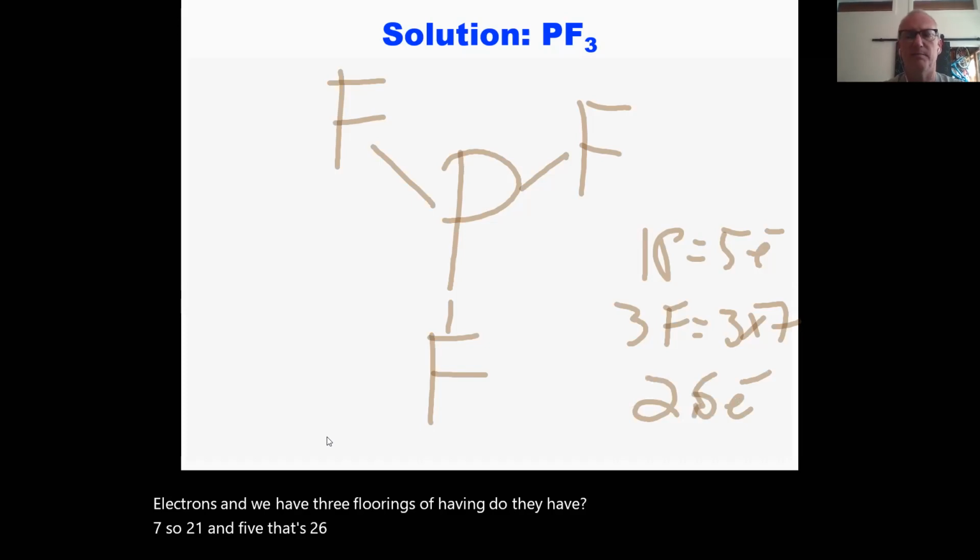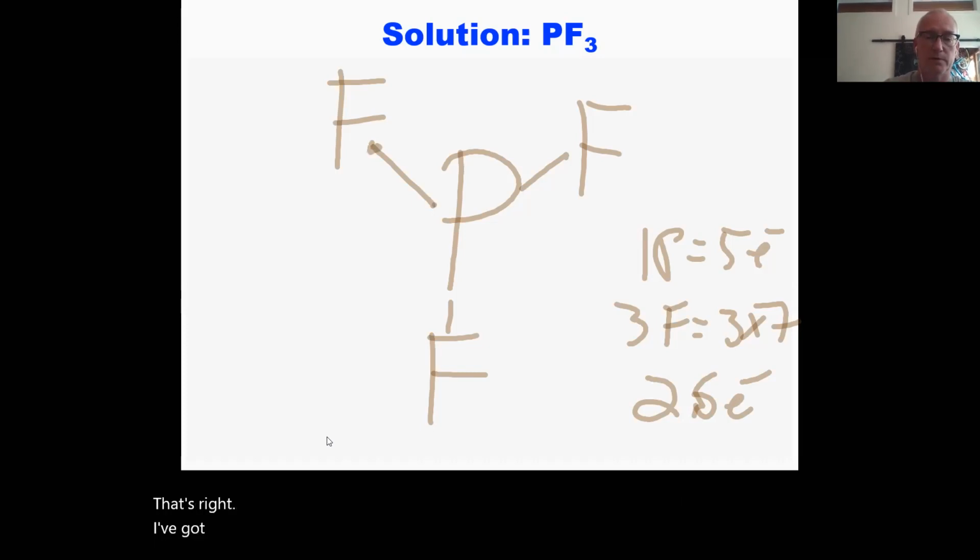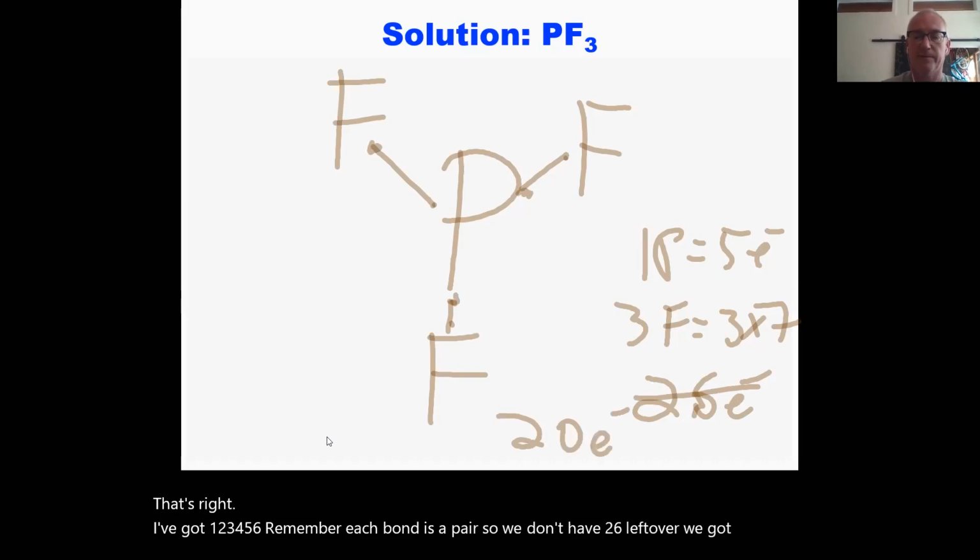And how many have we used in bonds? 6. That's right. Got 1, 2, 3, 4, 5, 6. Remember, each bond is a pair. So we don't have 26 left over, we got 20 left over.